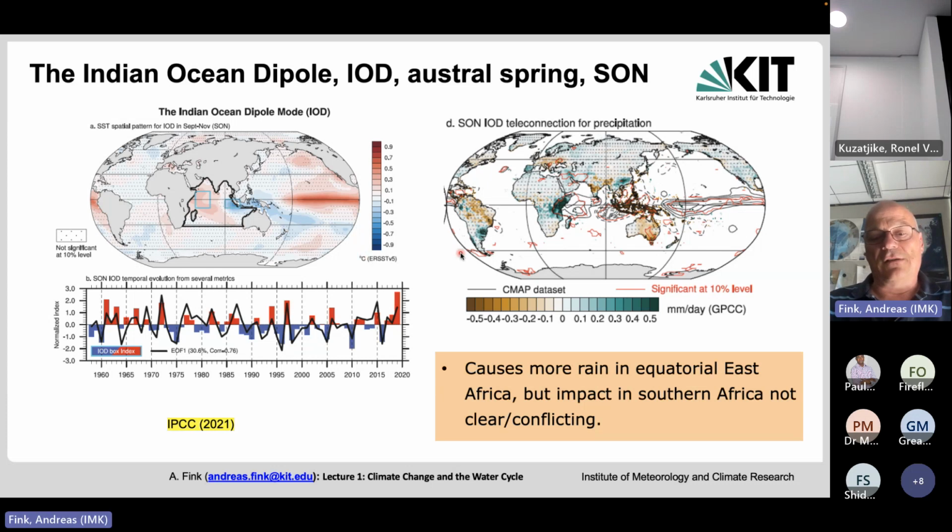When you look at the rainfall, it's mostly bringing more rains in equatorial East Africa, not so much in your region. By the way, in 2019 we had a record-breaking positive IOD, and in October, November, we had partly catastrophic rains in Eastern Africa. So the impact on Southern Africa is not clear or sometimes conflicting.